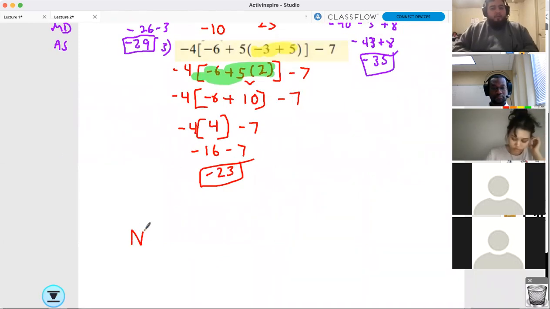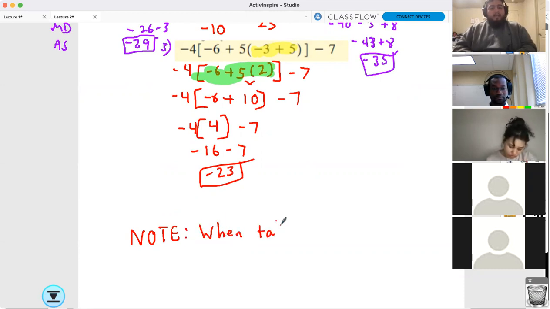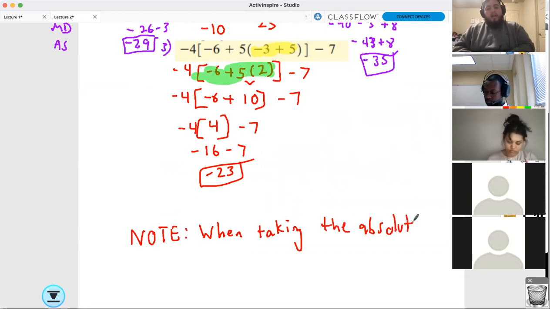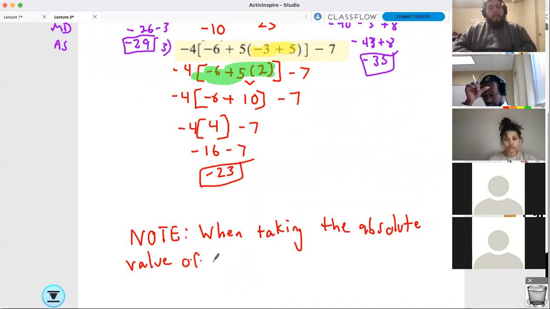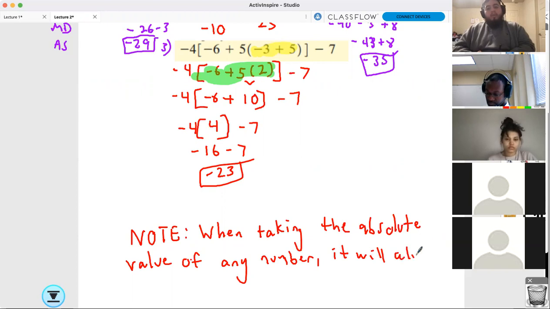So note, when taking the absolute value of any number, it will always be positive.